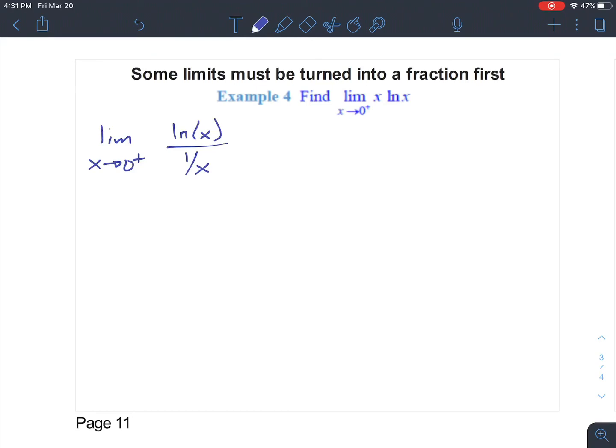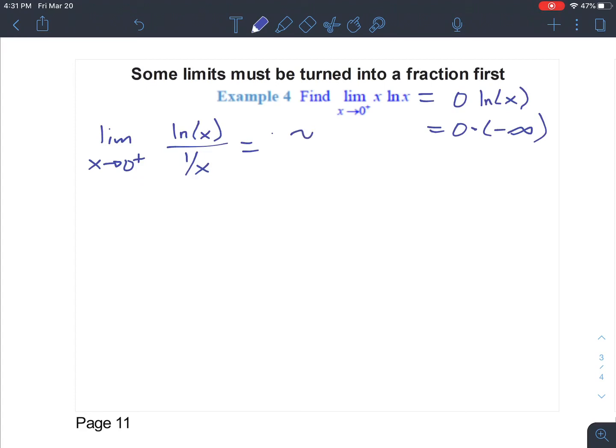It's perfectly fine, but I'm going to choose to show it here, just so you can see a different indeterminate form than what we've had before. So in this case, if we put in 0 for x, we have 0. If we put 0 in for the natural log of x, that becomes negative infinity. And so that is an indeterminate form.